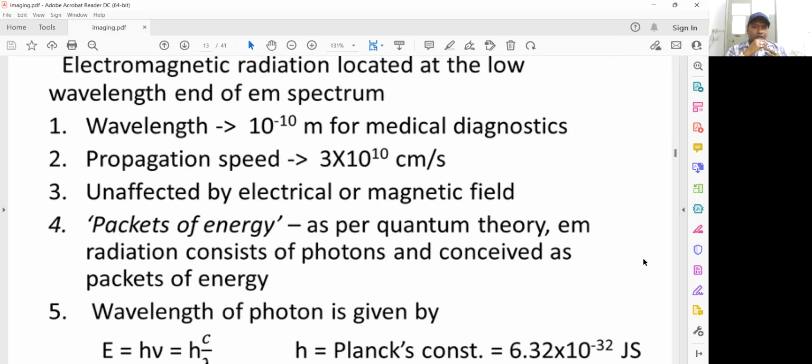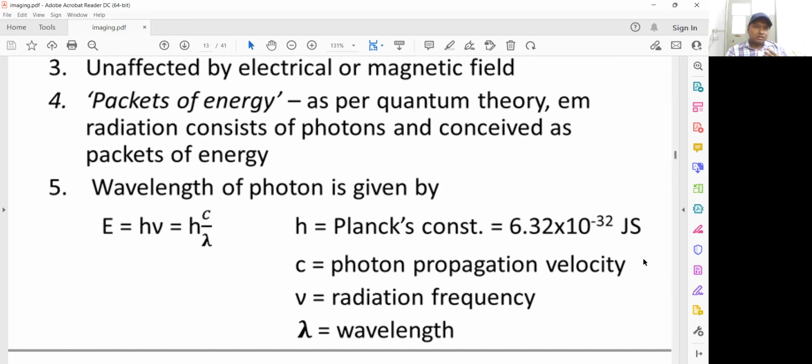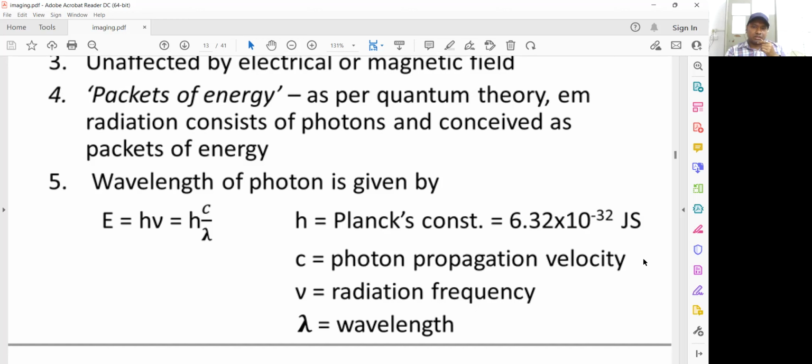Now the photon energy is given by the equation E equals h nu, that is equal to h c by lambda, where h is Planck's constant, 6.32 into 10 to the power minus 32 joule second, c is the photon propagation velocity, nu is the radiation frequency, and lambda is the wavelength of the particular EM waveform or X-ray.